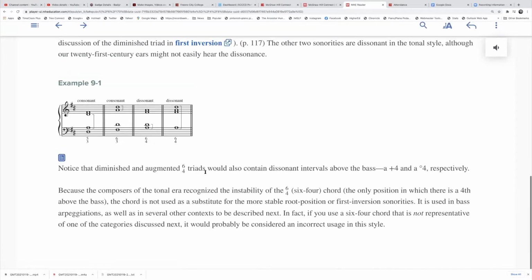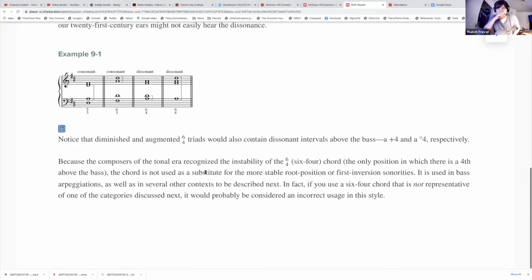All right, notice that the diminished and augmented 6/4 chords would also contain dissonant intervals above the bass, an augmented fourth and a diminished fourth respectively. Because the composers of the tonal era recognized the instability of the 6/4 chord, the only position in which there is a fourth above the bass, the chord is not used as a substitute for the more stable root position or first inversion sonorities.